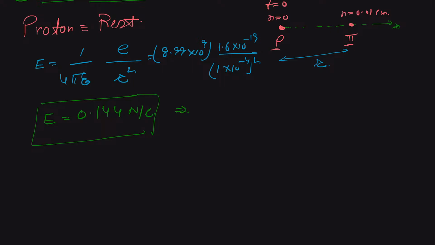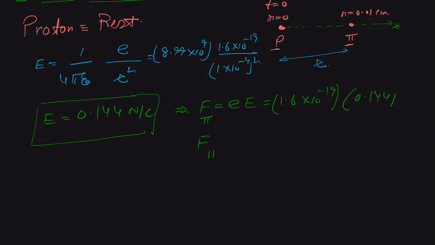So we can say our force will be equal to charge multiplied by the electric field. Let us call this the force on our pion, so this is F pi. F pi is equal to 1.6 into 10 to the power minus 19, and electric field is 0.144.